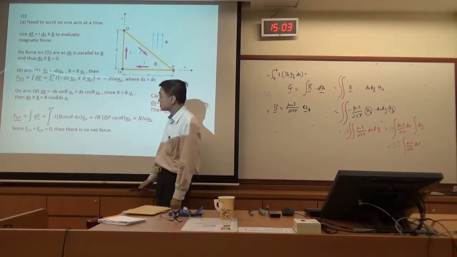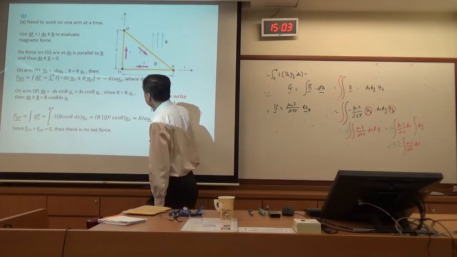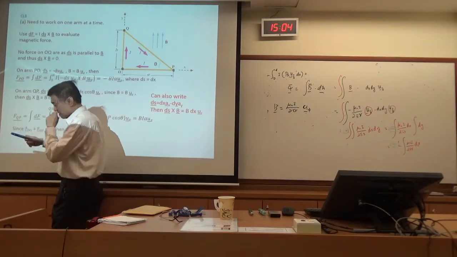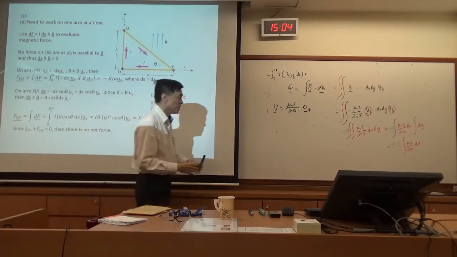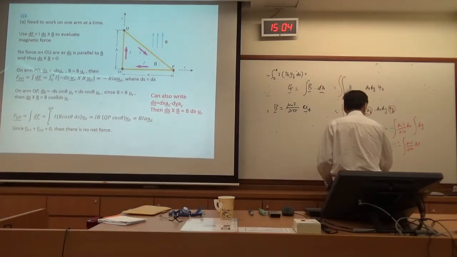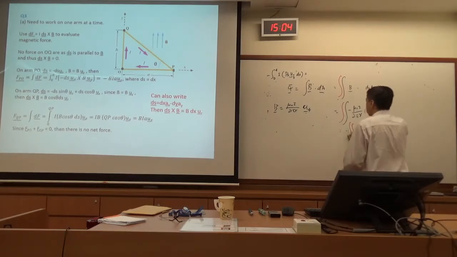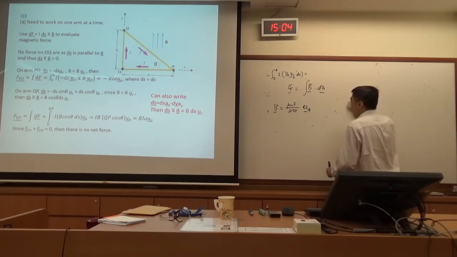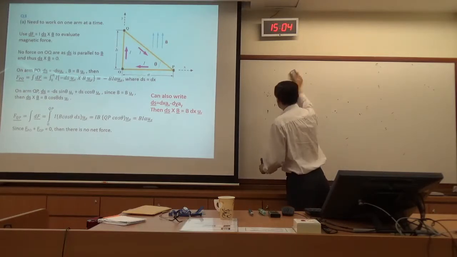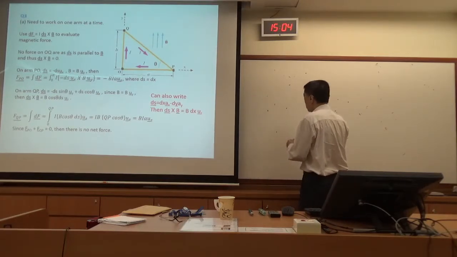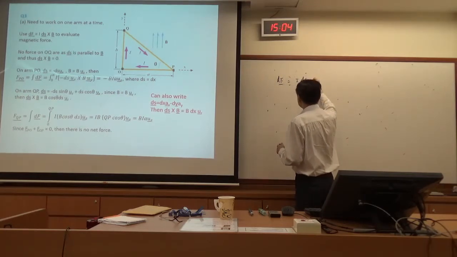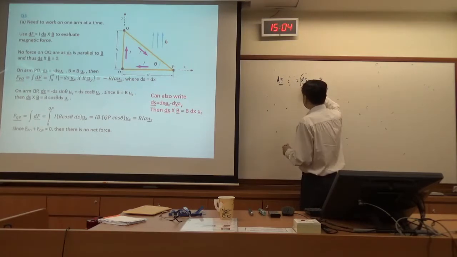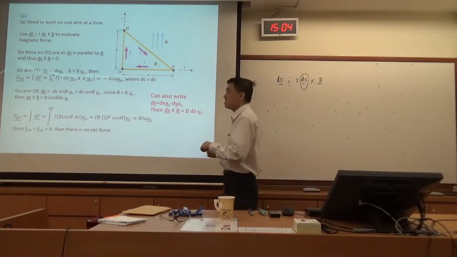Now, on QP, you can do it this way or you can do it this way. There are 2 ways of doing it. One way is you want to maintain this ds.